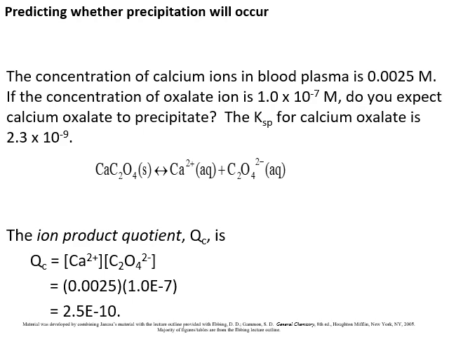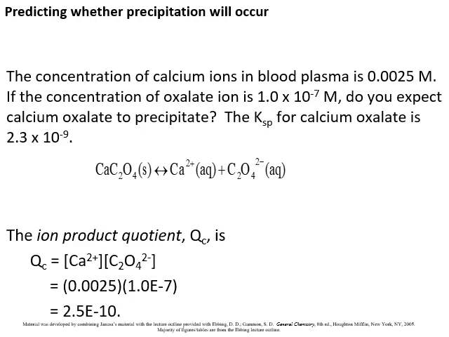If you look back at the problem statement, calcium is 0.0025 molar, and oxalate is 1 times 10 to the minus 7th molar. So we just multiply those two numbers together. Q is 0.0025 times 1 times 10 to the minus 7th, and that is 2.5 times 10 to the minus 10th. Now we want to compare that with K.